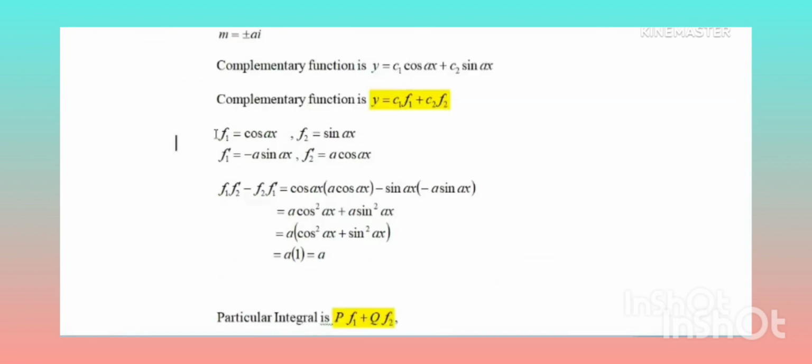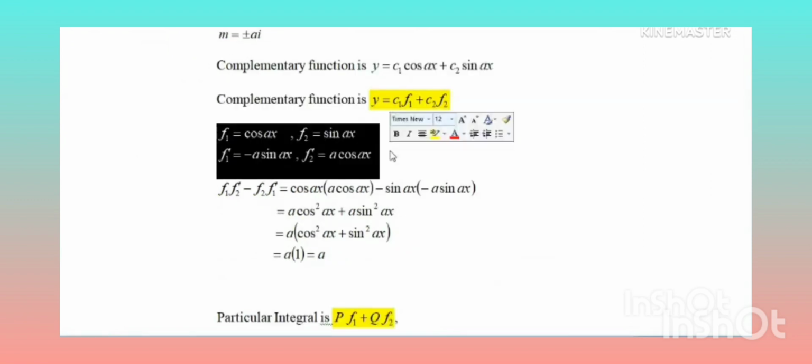So f1 is equal to cos ax, f2 is equal to sin ax. What is f1 dash? Differentiation of cos ax is minus a sin ax. Differentiation of sin ax is a cos ax.